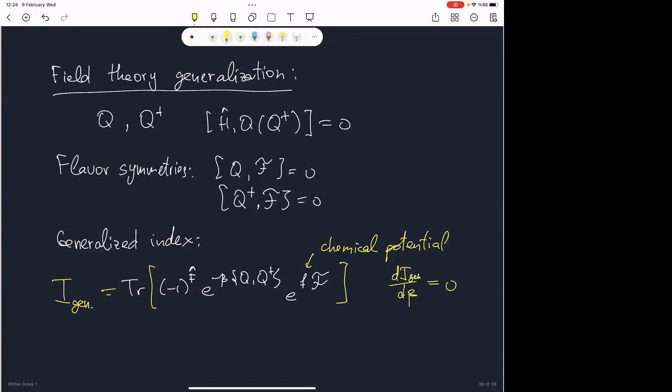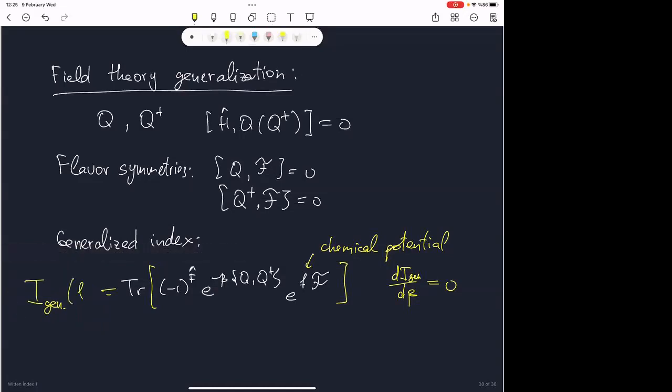Why is it like that? Because you will get Q Dagger in front of the exponential, but they commute with flavor symmetries. There is no problem, and then you can easily show that it's really an index again. Now, of course, this is not a number anymore. This index now depends on the chemical potential.